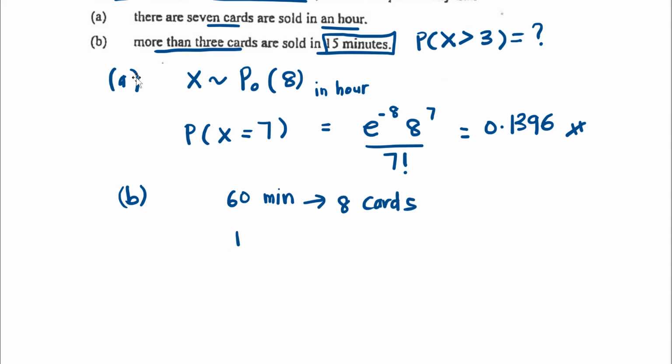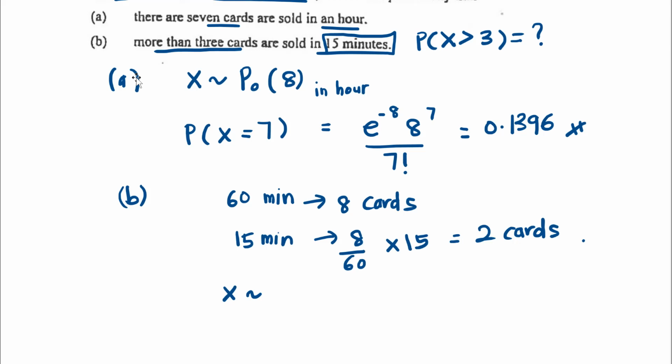Now how about in 15 minutes? In 15 minutes, there are only 2 cards sold. So we have the new mu, or new mean, of your Poisson distribution, which is equal to 2.